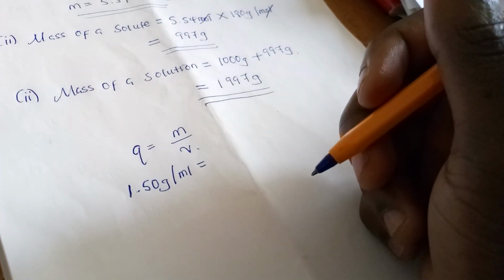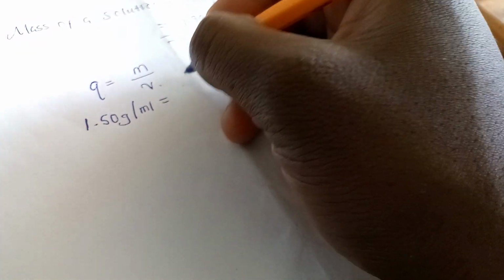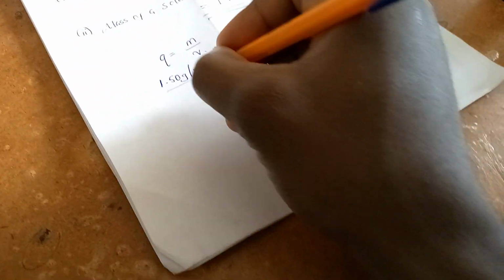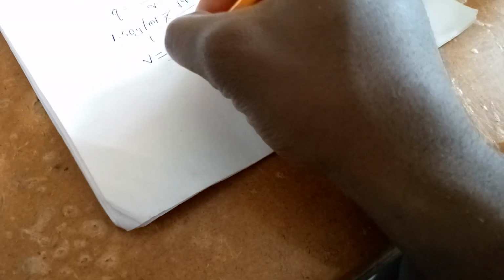It's just a matter of replacing. 1.50 grams per mL is equal to our mass, 1997 grams, over V. So this volume will be equal to 1997 grams over 1.50 grams per mL.